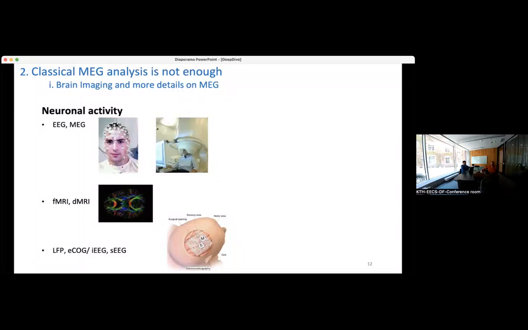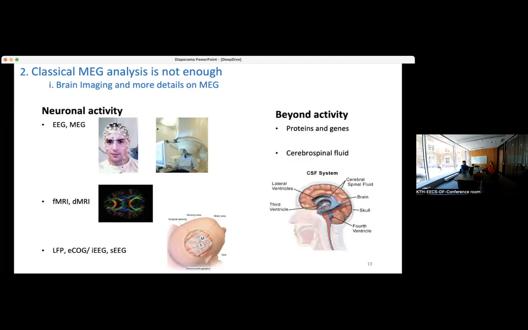Even though I'm not an expert, I think it's some kilohertz. And then there are other ways of measuring the brain. You can use proteins, which you can also measure through the cerebrospinal fluid.